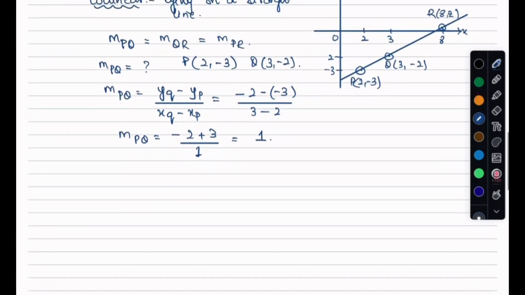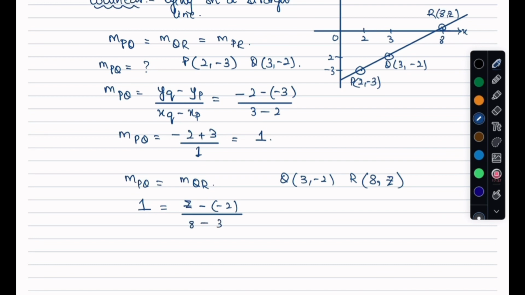So MPQ is equal to 1. Now find Z, which is the y coordinate of R. For MQR, I know that MPQ is equal to 1, I have already found it out. For QR, I know that coordinates of Q are (3, -2), and coordinates of R are (8, Z). Therefore, I can say that it is (Z minus negative 2) divided by (8 minus 3).